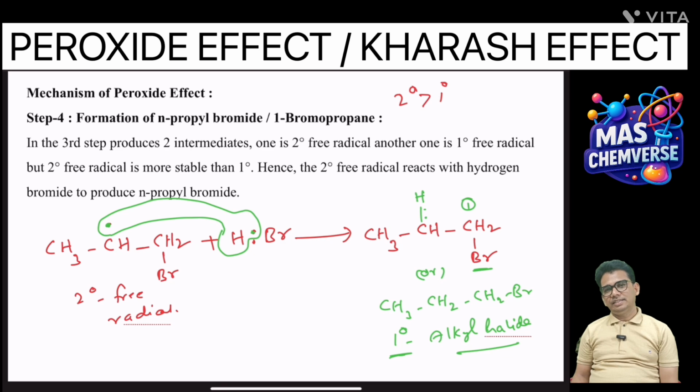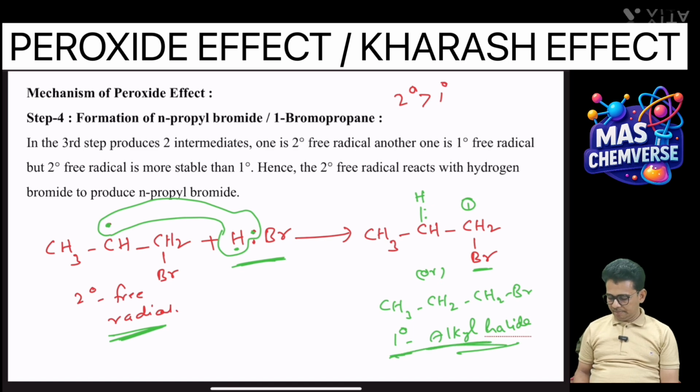The reason is that the secondary free radical is more stable. That's why we are taking the secondary free radical. In the final step, they are going to react with the hydrogen bromide. In between hydrogen and bromine, two electrons are there. The two electrons form the new bond with the hydrogen here. This will be forming here, then producing primary alkyl halide. This product is also called the Anti-Markovnikov product.